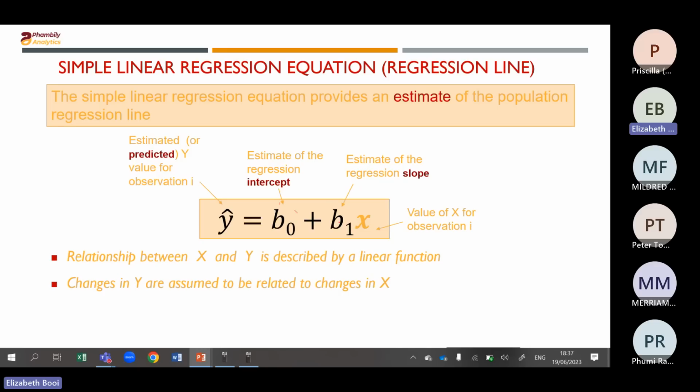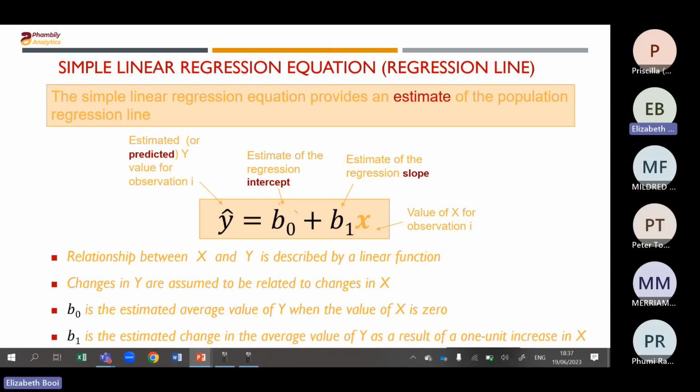Your b1 gives you the changes in your values of Y that are assumed to be related to the changes in the values of X. And your b0 will be the estimated value of Y if X is equal to 0, because if I put 0 on X, then Y hat will be equal to the b0 value.